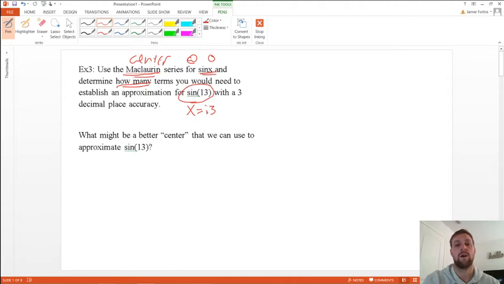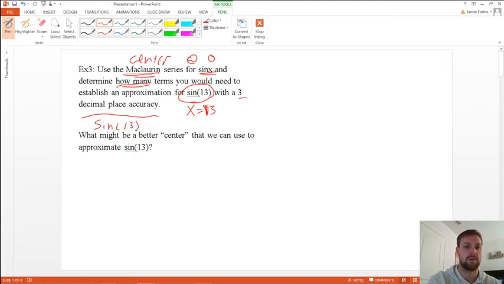I'm wanting to figure out the number of terms I'm going to need in my series, so that if I want to approximate x equals 13 for sine of x, it's going to be within 3 decimal places.